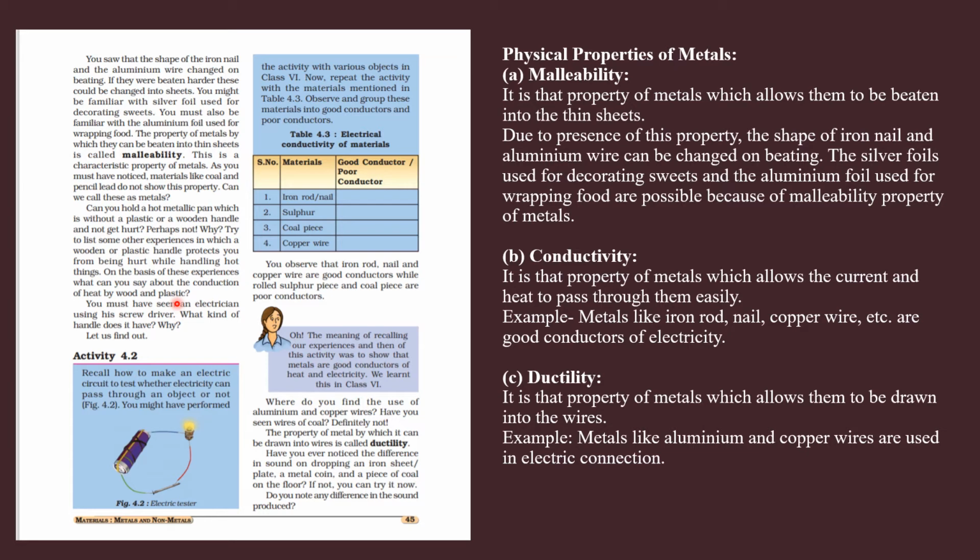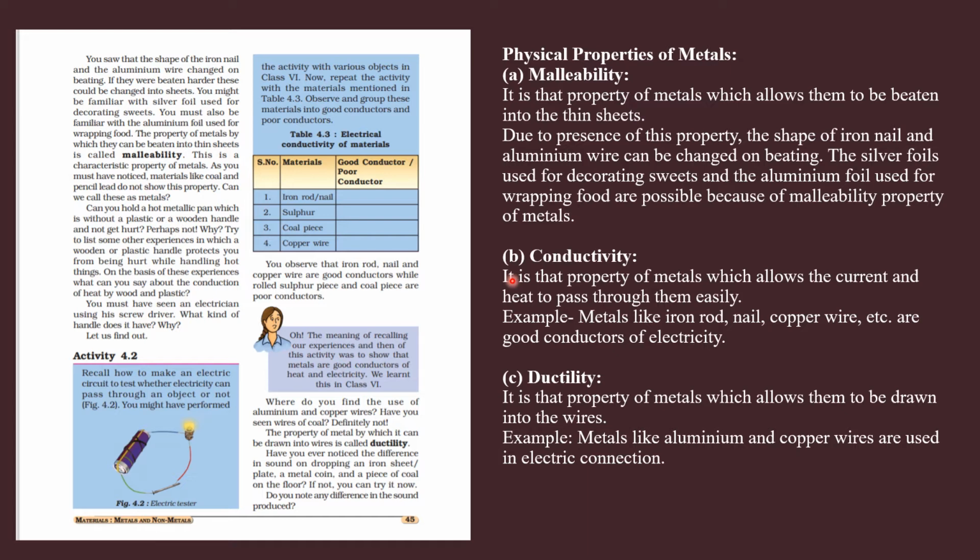One experiment is given to us. Just see the activity: how to make an electric circuit to test whether electricity is passing through an object or not. If we use a conductor here, the electricity will flow, otherwise it will not.